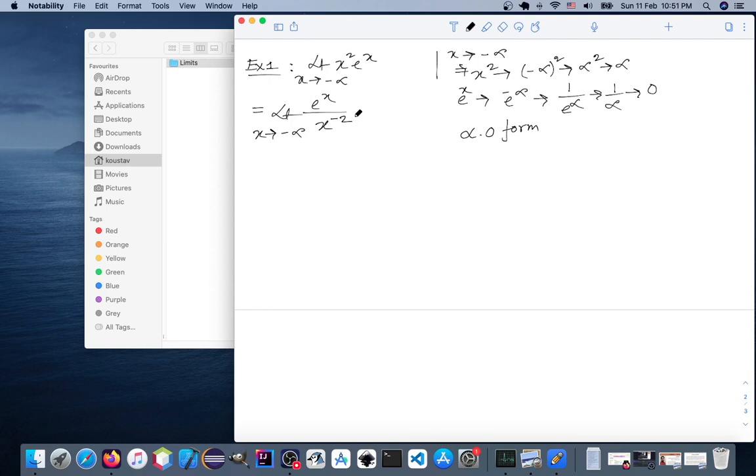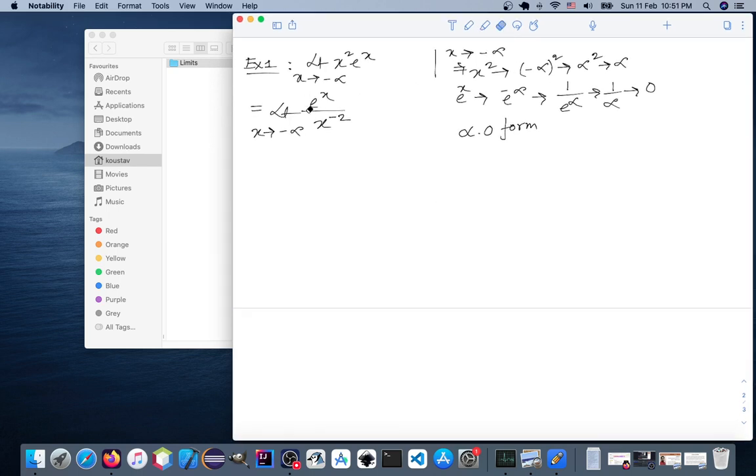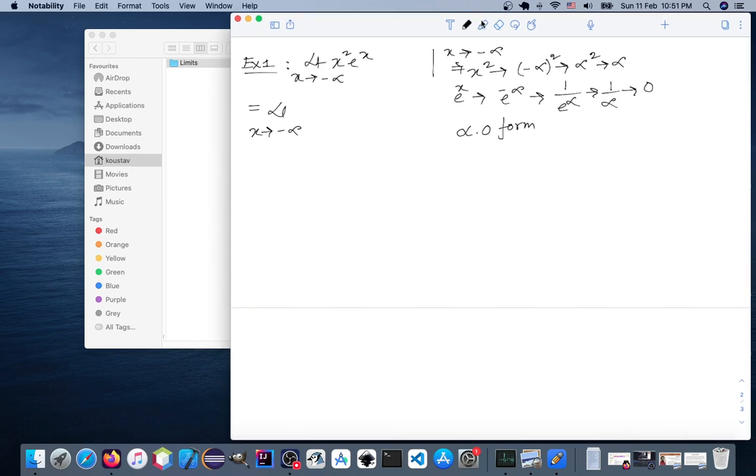So I think a good idea will be to rewrite this as x squared by e to the power minus x.